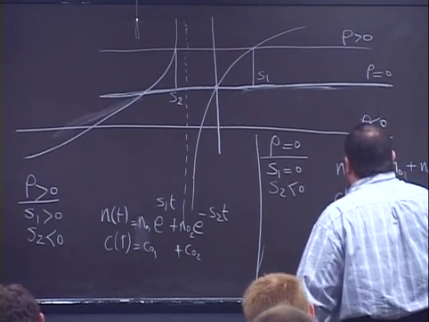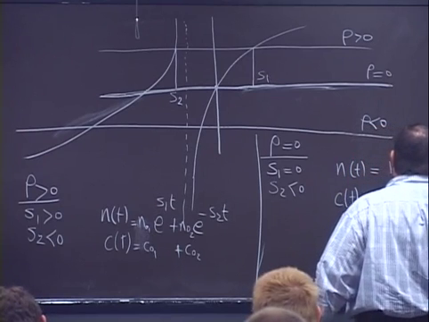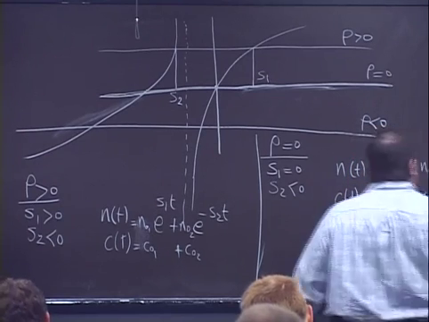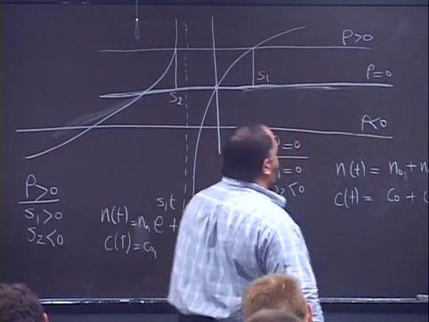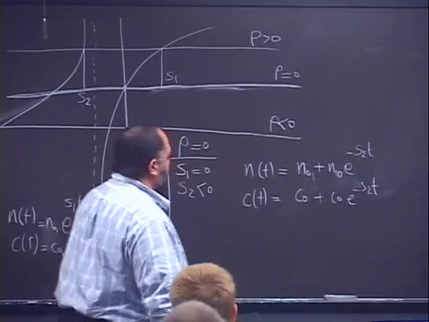Same situation will be for C. So those two terms will decay out, and you will end up with a constant population in time.